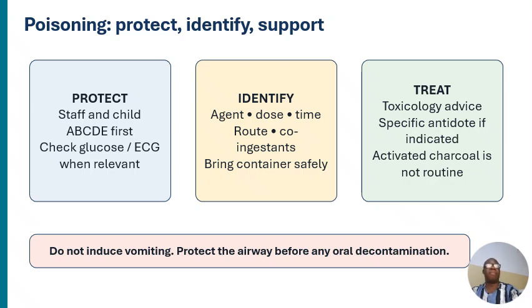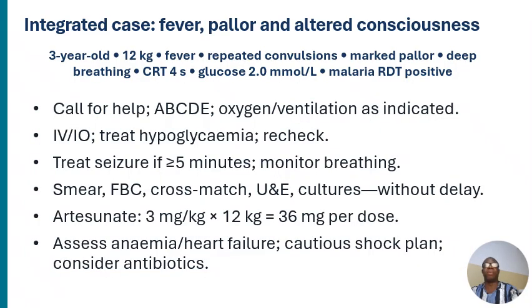So having said this, we will now integrate the principles that we have been talking about in an examination style and integrated with severe malaria. Now, let us integrate the principles. This 3-year-old weighs 12 kilograms, has fever, repeated convulsion, marked pallor, deep breathing, prolonged capillary refill, and hypoglycemia with a positive malaria RDT.